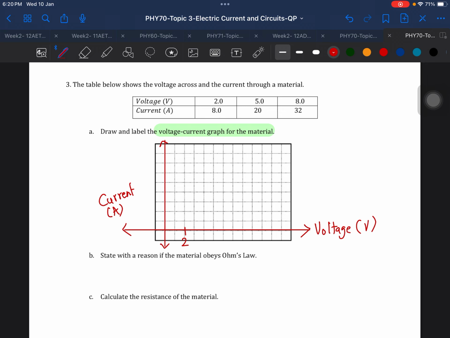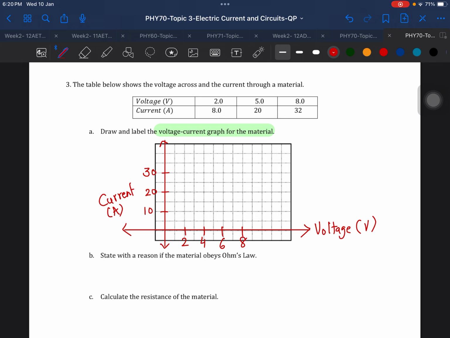I'm skipping one. So 2 and then 4 and then 6 and then 8. Then for the y-axis, I've got 8, 20, 32. Again, I have to plot till 32. So I will label the graph again. I'll write this as 10, 20 and 30.